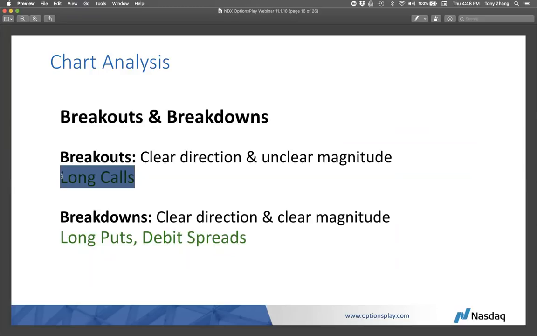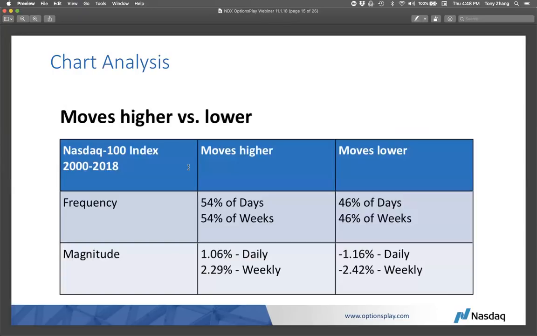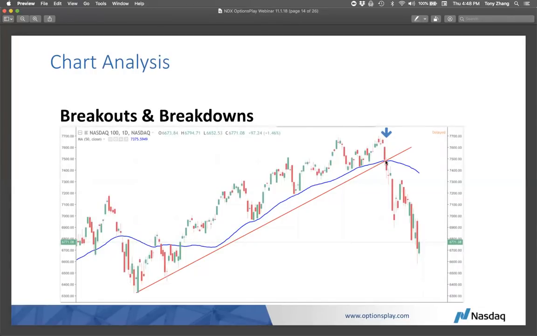But breakdowns, because we have a template as to where a chart previously was, so in this particular case, when it broke below this moving average and this trend line, we have previous data to show us roughly where target prices can go. The lowest target here is around 6,400, but there are a few different moderate targets in between, around 7,200, which was a support level here, around 77,000, which was a target level here.